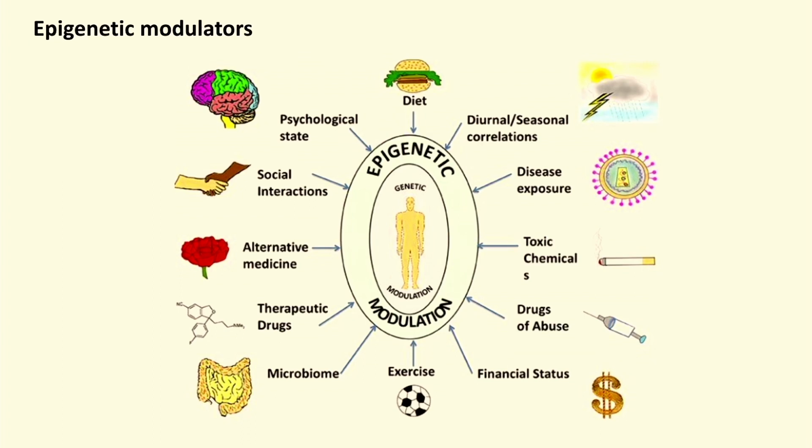The genetic mutations themselves, we can't change. Once they're there, we're learning about how they may affect the cells. But these other aspects: the diet, the exposure to diseases, the toxic chemicals, drug abuse, exercise, there's a whole field of the microbiome.